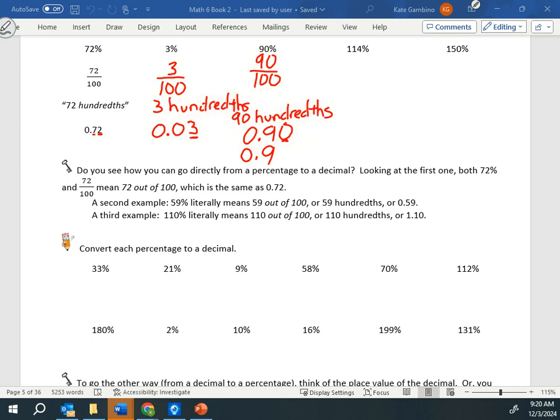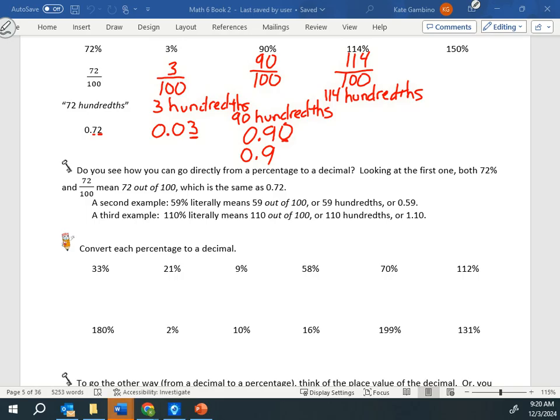All right, 114%. What would that look like as a fraction, Maddie? 114 over 100. So we call that 114 hundredths. So how does that look as a decimal? What do you think, Helen? You are just rocking it today.